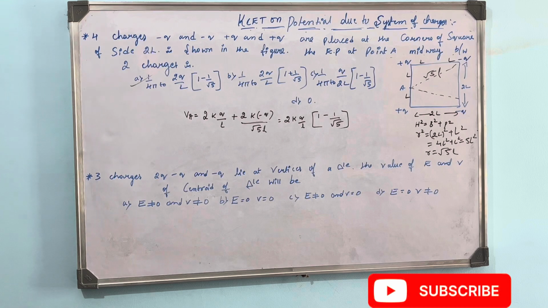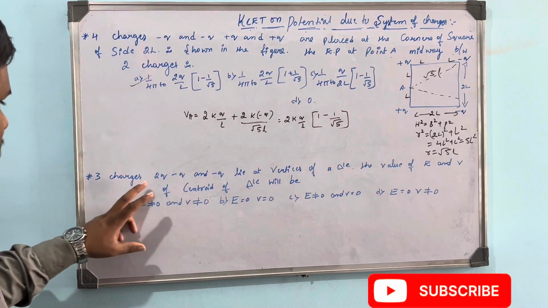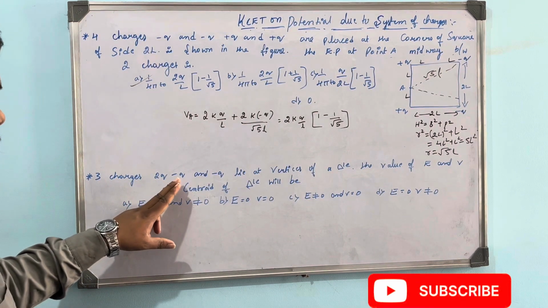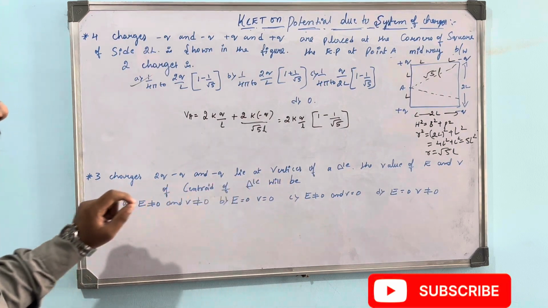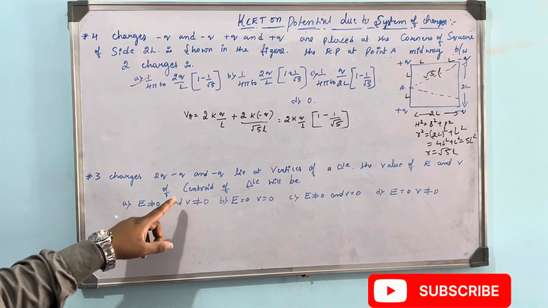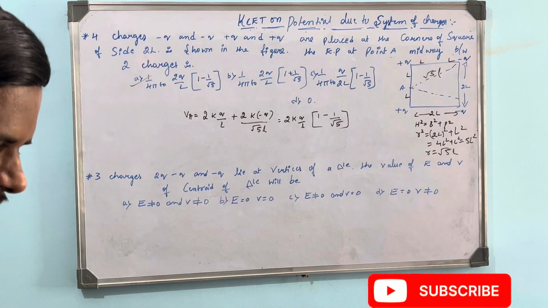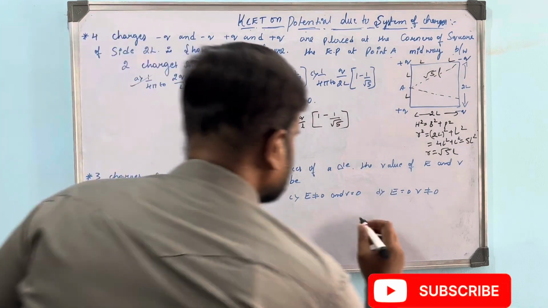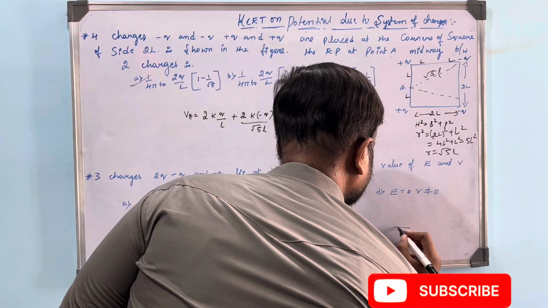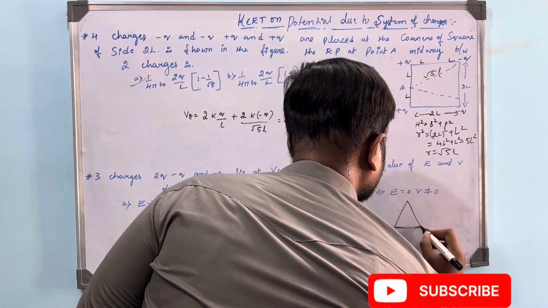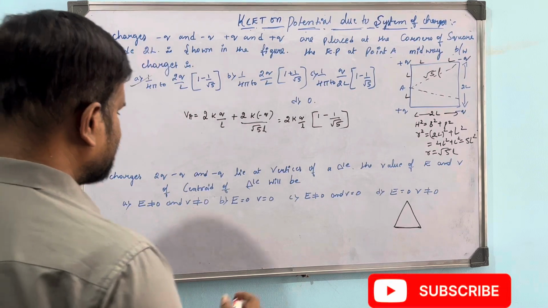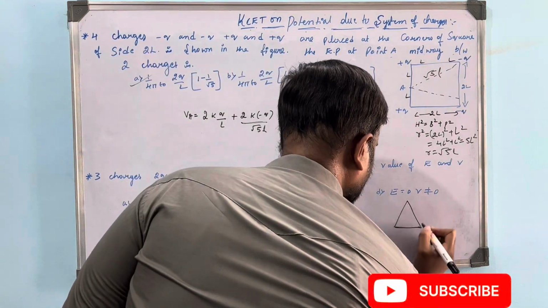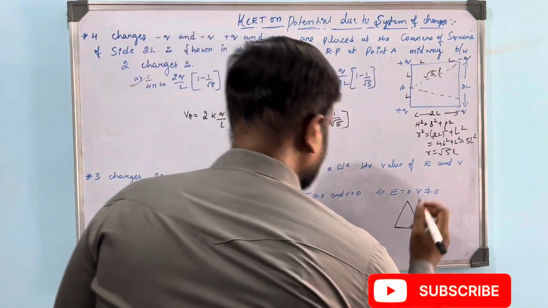Now, the next numerical: three charges, 2q, minus q and minus q, lie at the vertices of a triangle. Find the value of E and V at the center of the triangle. Here they have given a triangle and they are placing the three charges at the three vertices.